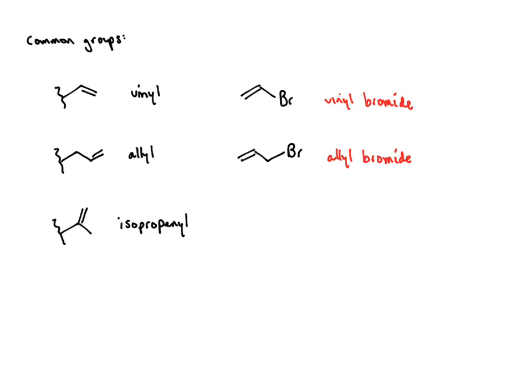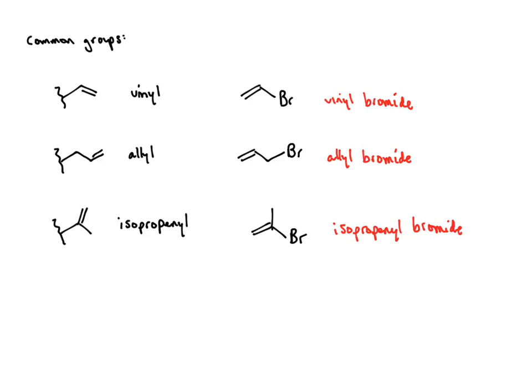This is an isopropenyl group, indicating that you have a double bond on one of those branches, and so the molecule that has a bromine substituted would be known as isopropenyl bromide. And these are common names for functional groups that contain double bonds.